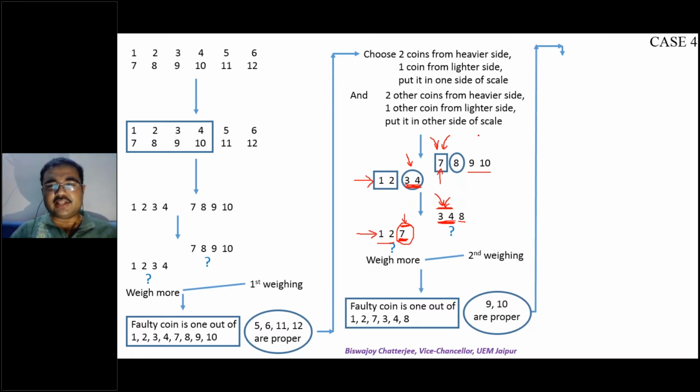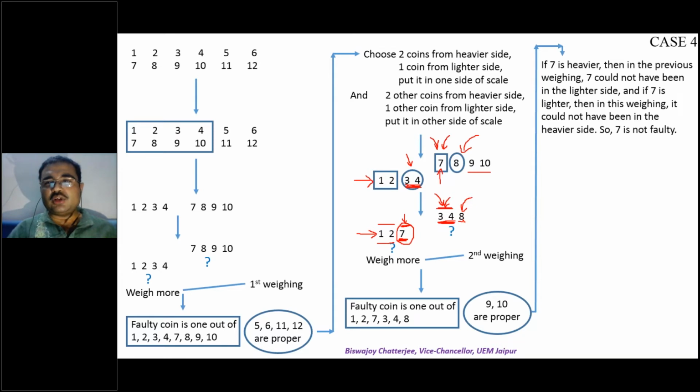See, here 8 is on the lighter side, and here also 8 is on the lighter side. So you are only left with 1, 2 and 8. Either 1 out of 1 and 2 is heavier or 8 is lighter. See what I said? So I've written this whole thing.